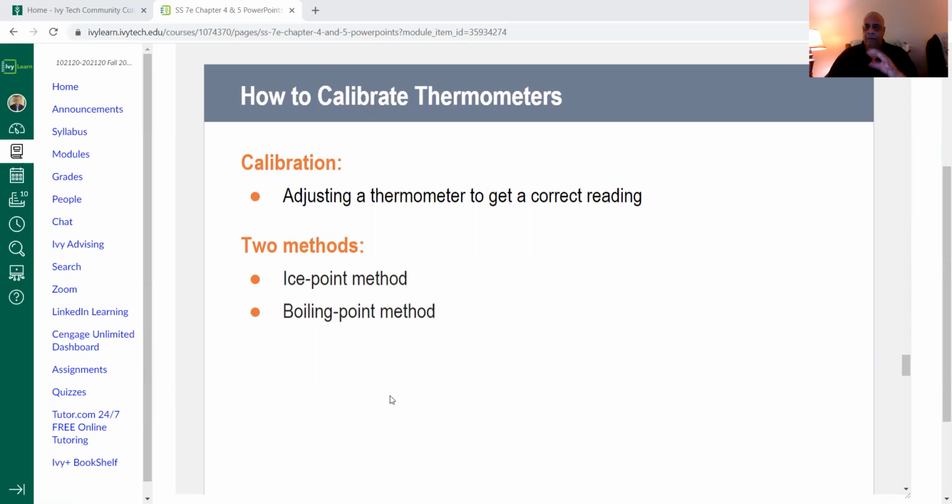Now, how to calibrate thermometers? Well, first of all, the purpose of calibrating any type of thermometer is to adjust a thermometer to get a correct or accurate reading. Now, there are 2 methods. There's the ice point method and the boiling point method.